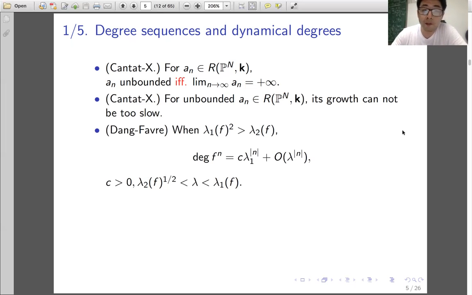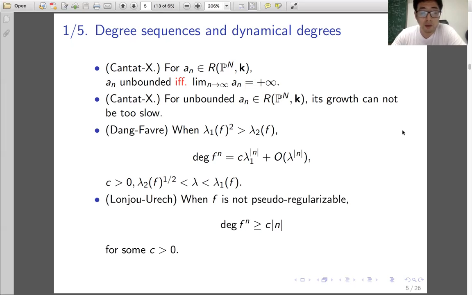Okay, recently there is a breakthrough in this topic due to Dang-Favre. They showed that if lambda_1 squared is strictly larger than lambda_2, then deg(F^n) equals C lambda_1^n plus some O(lambda^n), where lambda is larger than lambda_2^{1/n} and less than lambda_1.